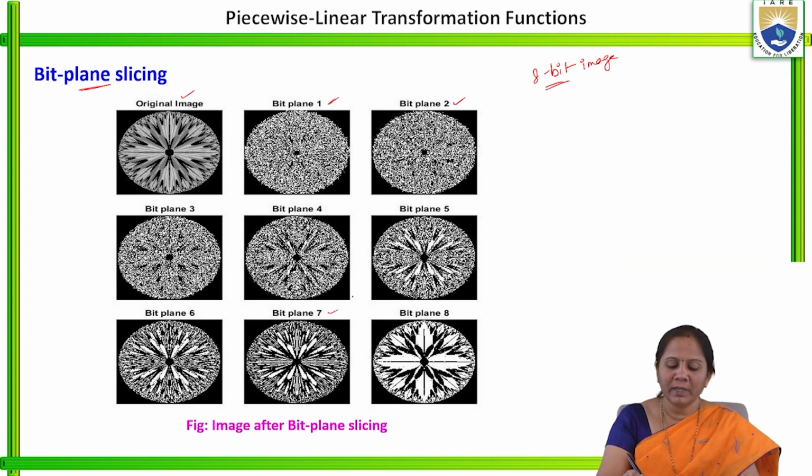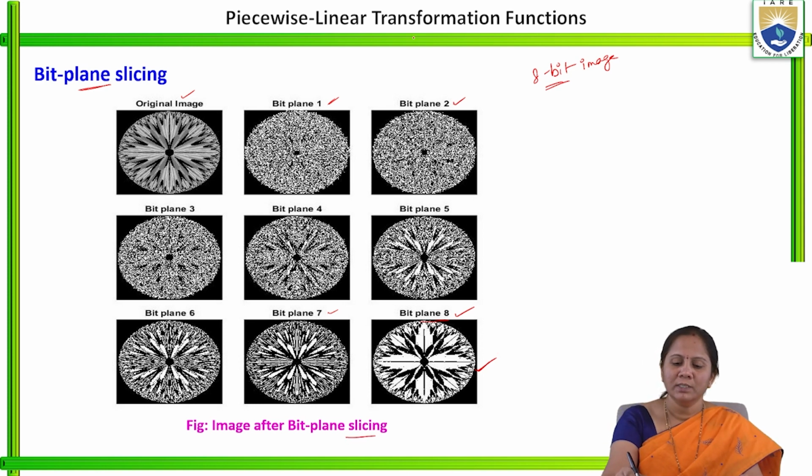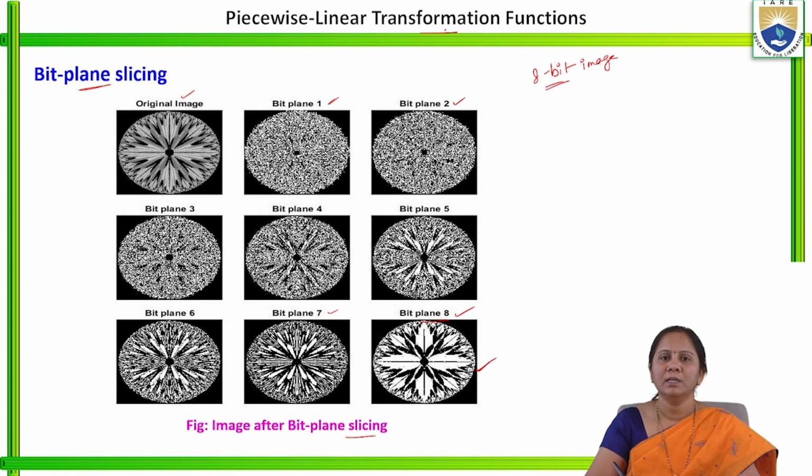If we consider bit plane 7, this is somewhat better, but the most important information will be stored in bit plane 8. So this is very important. So these are the 3 applications in these piecewise linear transformation functions.